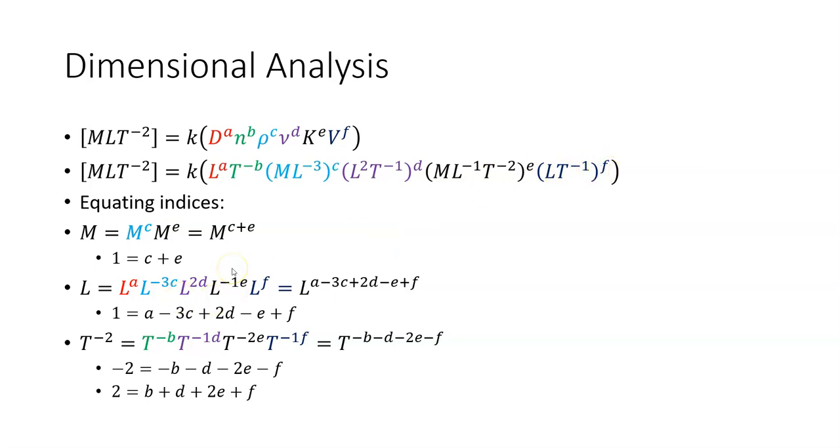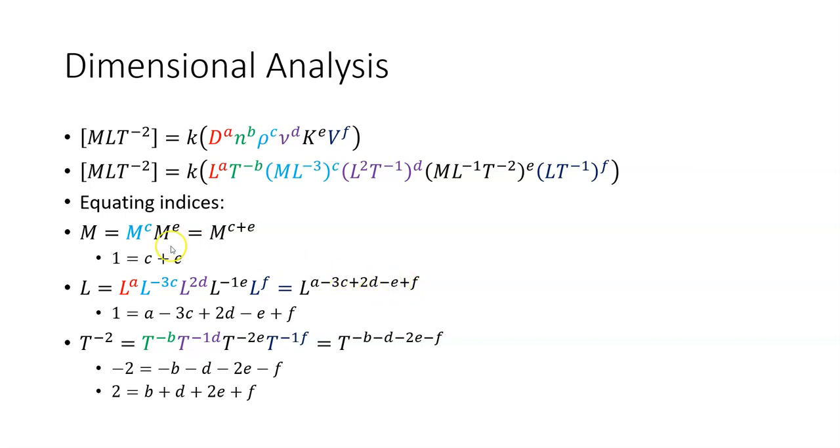Again, I'm going to add the indices, because multiplying these is the same as adding the indices. So I have L to the power of a minus 3c plus 2d minus e plus f. If I just compare the indices, L to the power of 1, so 1 is equal to a minus 3c plus 2d minus e plus f.